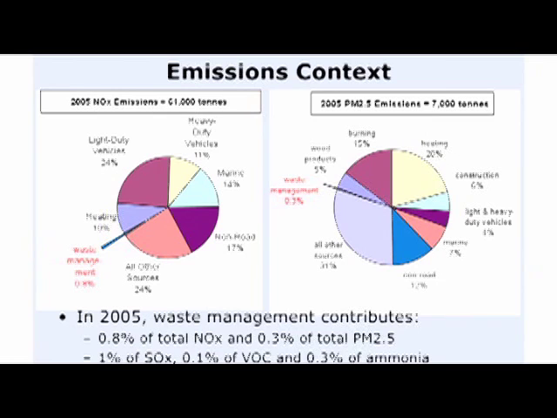And I haven't shown the pies here, but it'd be 1% of SOx, 0.1% of volatile organic compounds, and 0.3% of ammonia. And we can see on this chart also that there are a number of other significant slices of the pie, largely related to light-duty vehicles, heavy-duty vehicles, marine sources, non-road engines, buildings and heating and burning and other sources like that. So certainly those are significant sources and are being dealt with in other aspects of the air quality management program in the region.